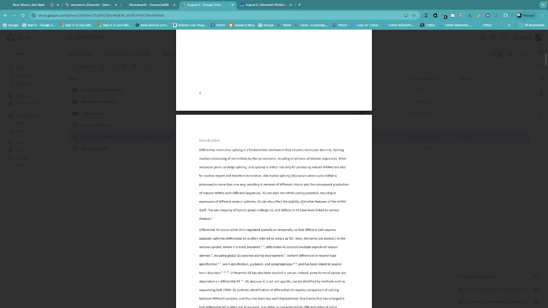AS can also affect the stability and other features of the mRNA itself. The vast majority of human genes undergo alternative splicings, and defects in alternative splicings have been linked to various diseases. So you can have alternative splicings as this mechanism for diversity, but you can also have defects in this process that lead to diseases or other types of dysfunctional aspects of the cell and the tissue.